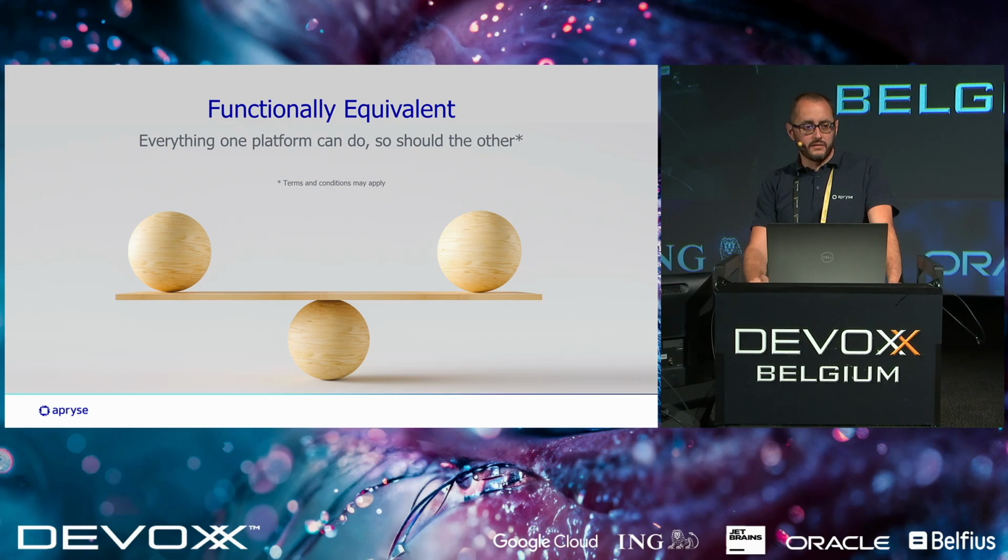So anything that you can do in our Java build is, given some cosmetic changes in the syntax, completely transferable to the .NET builds. I did put an asterisk there because we have to be a bit more correct. Terms and conditions may apply. The Java platform and the .NET runtime aren't completely congruent.